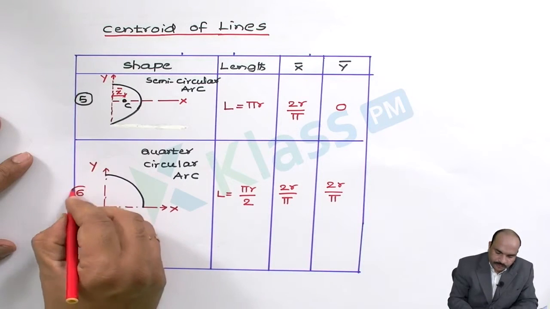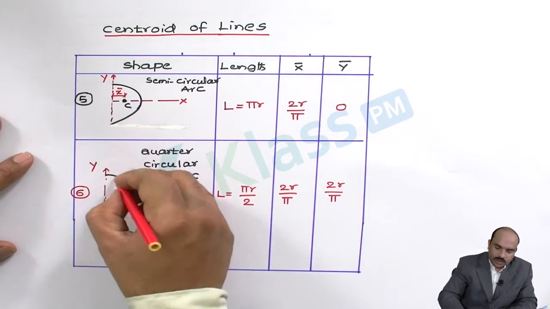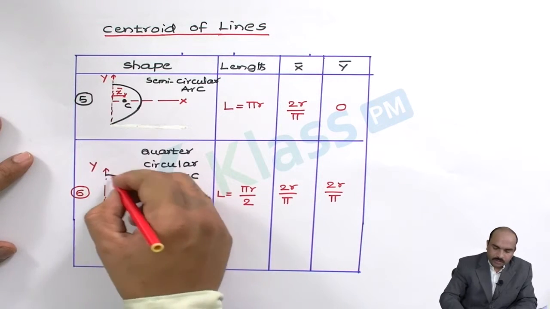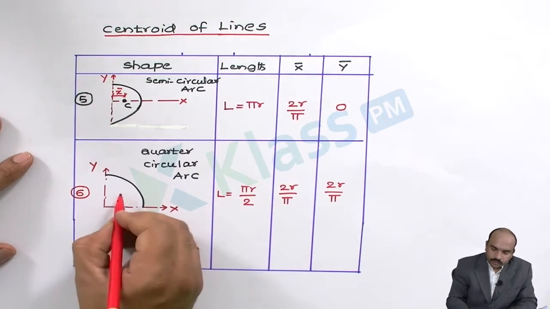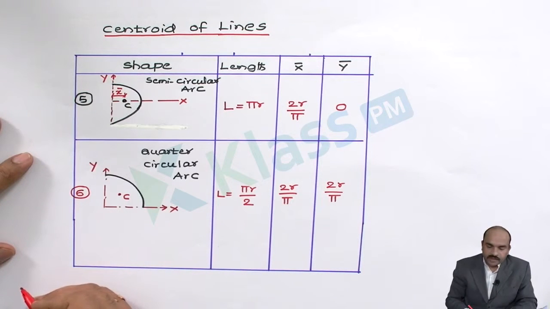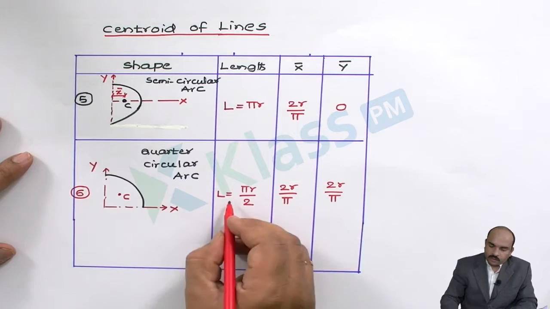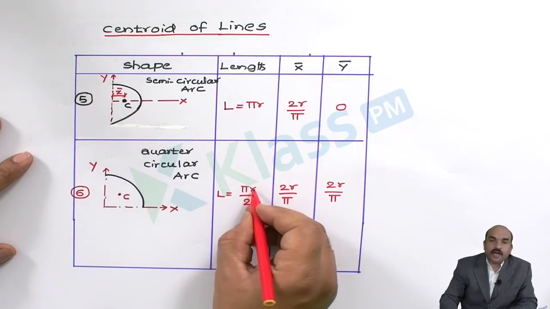Now the last one, the quarter circular arc. The arc shown with a black color indicates the quarter circular arc. Let C be the center of the arc. The length of this quarter circular arc L equals pi r by 2.